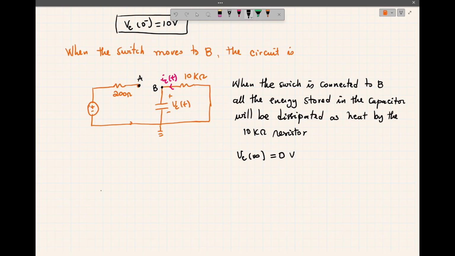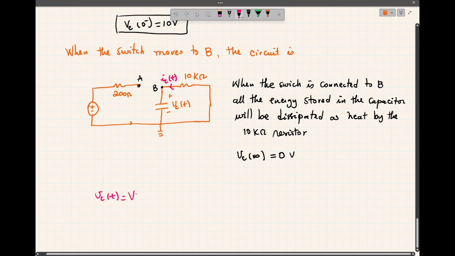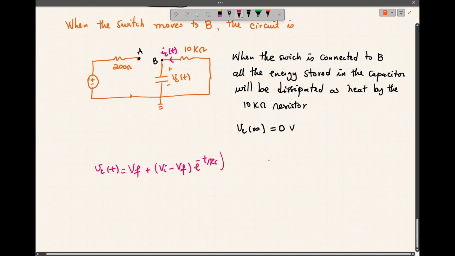We also know that the voltage across the capacitor is the final voltage plus the initial voltage minus the final voltage, times e to the negative t over RC. The initial voltage was equal to 10 volt, and the final voltage will be equal to 0 volt.